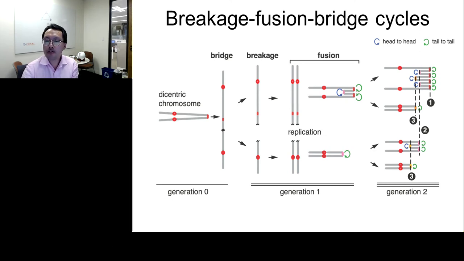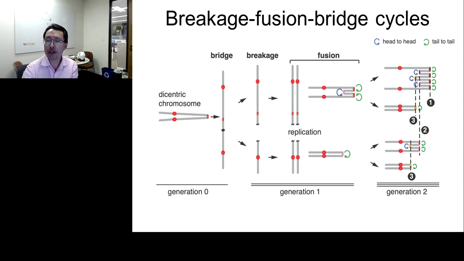As you can see, in the zeroth generation, when the dicentric chromosome was formed, nothing really happens. By generation one, the two daughter cells would have different genetic makeup. One daughter cell had a loss of the terminal segment, and the other daughter cell had a gain of the terminal segment.